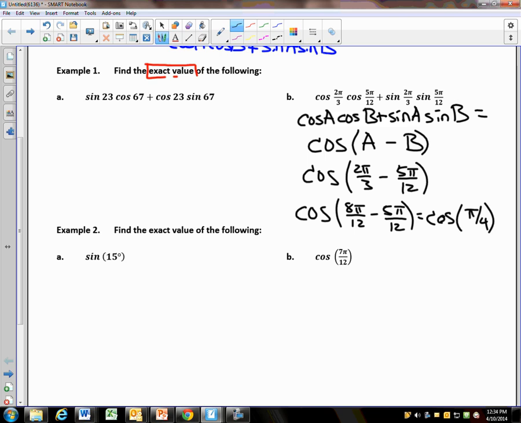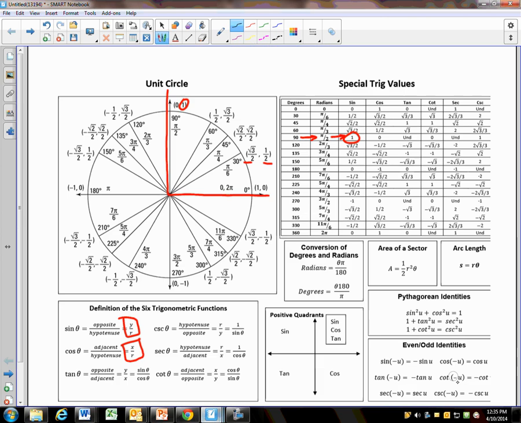So you look at your sheet if you don't remember, and the cosine of pi over 4 exactly is root 2 over 2. Okay, pi over 4 and 45 are related to one another. One is a degree measurement, one is a radian.